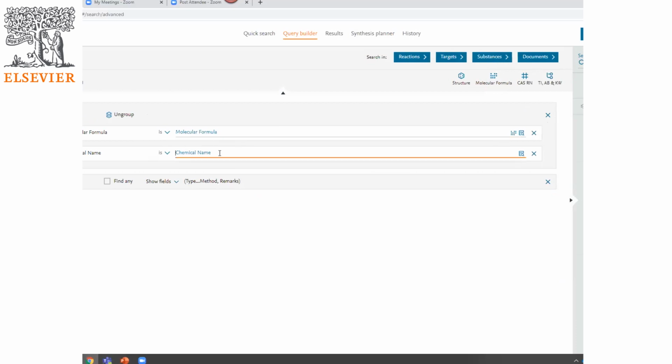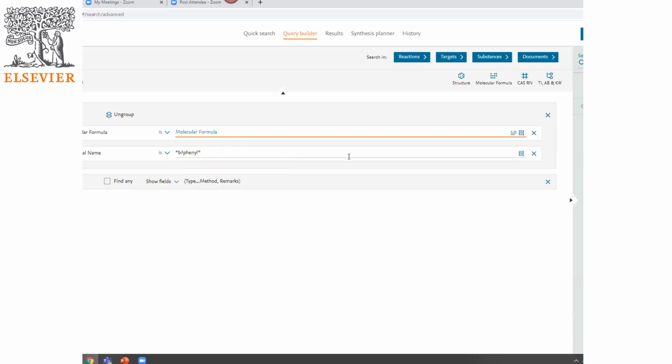If we are interested in biphenyls, it means somewhere in the name it should be biphenyls. Right now, you can use this star because even before biphenyls there could be some wording. After B, you can use question mark because maybe someone writes it with E or with Y. And also let's add phenyl and star again.